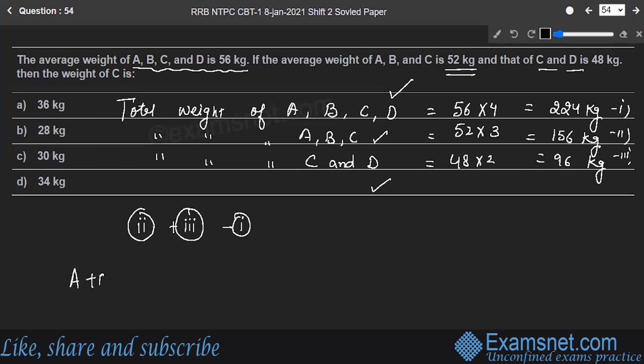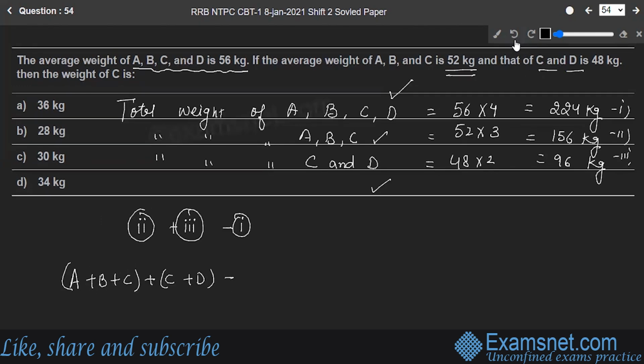So A plus B plus C plus C plus D minus A plus B plus C plus D is equal to 156 plus 96 minus 224.